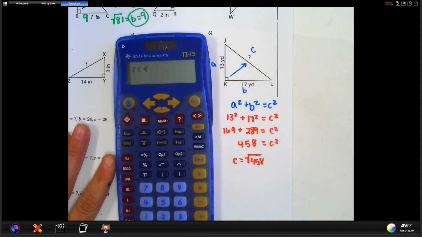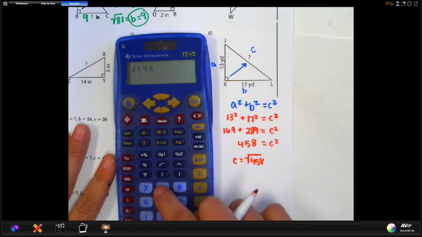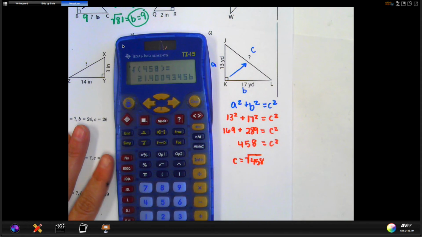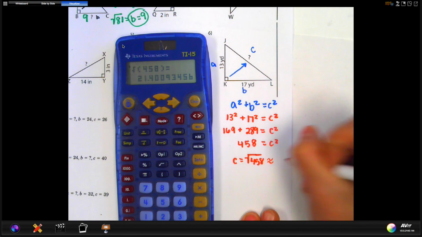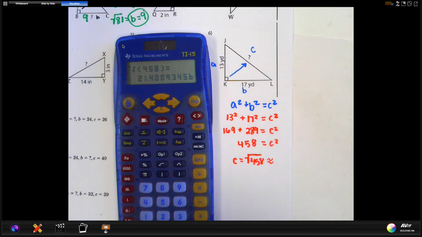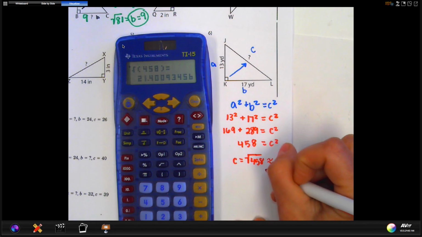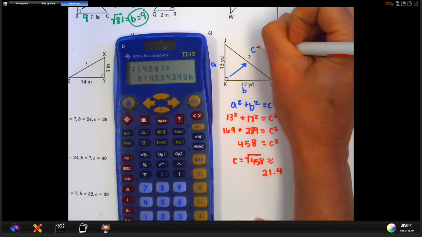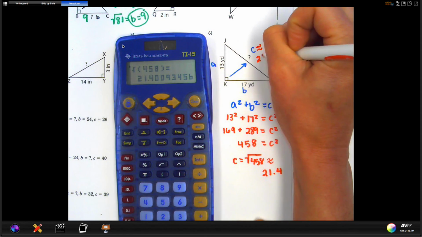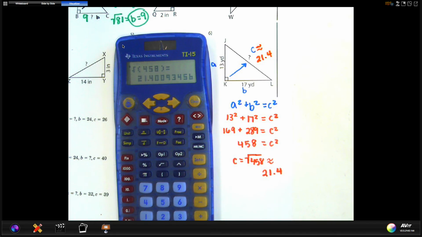Square root key, 458, end your parenthesis, equal. In this case, we get a decimal. If we get a decimal, we say it is about equal to, so it's a squiggly equal sign. And then we round to the nearest tenth. So in this case, 21.4 is our answer for c. c is about 21.4 here. And that's our answer.